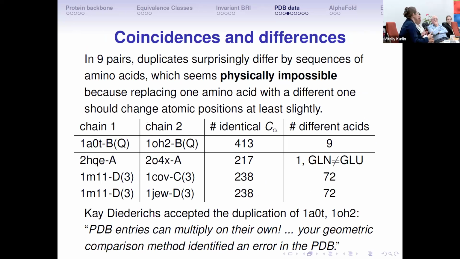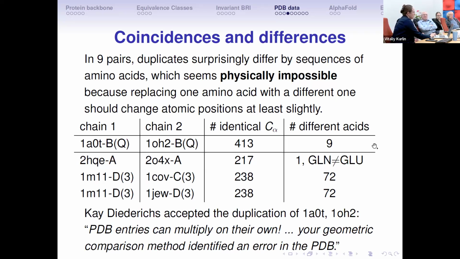These are experimental structures, quite flexible structures, which means that a total coincidence of even the coordinates is quite surprising. For example, those 2 chains are quite lengthy, 430 amino acids in a chain, and 9 different residues, or amino acids, which is surprising.